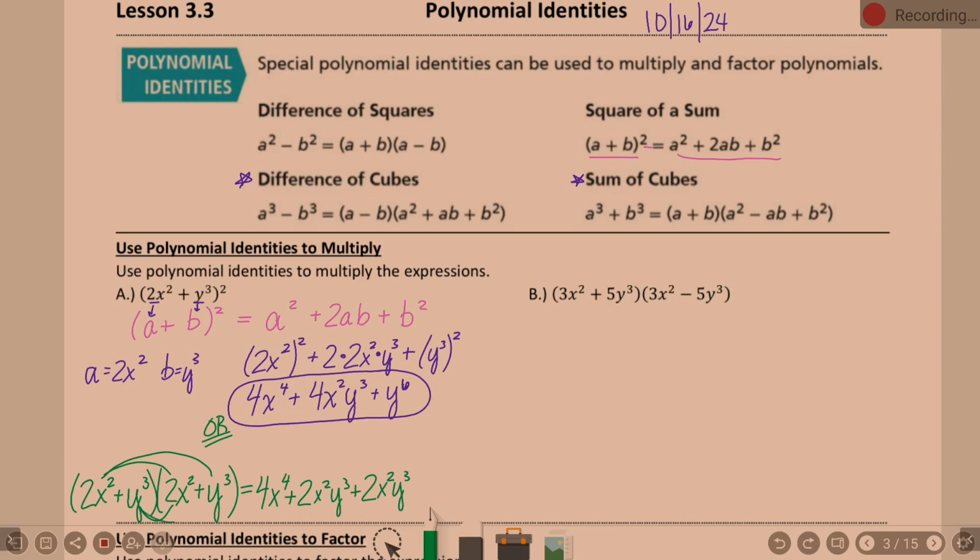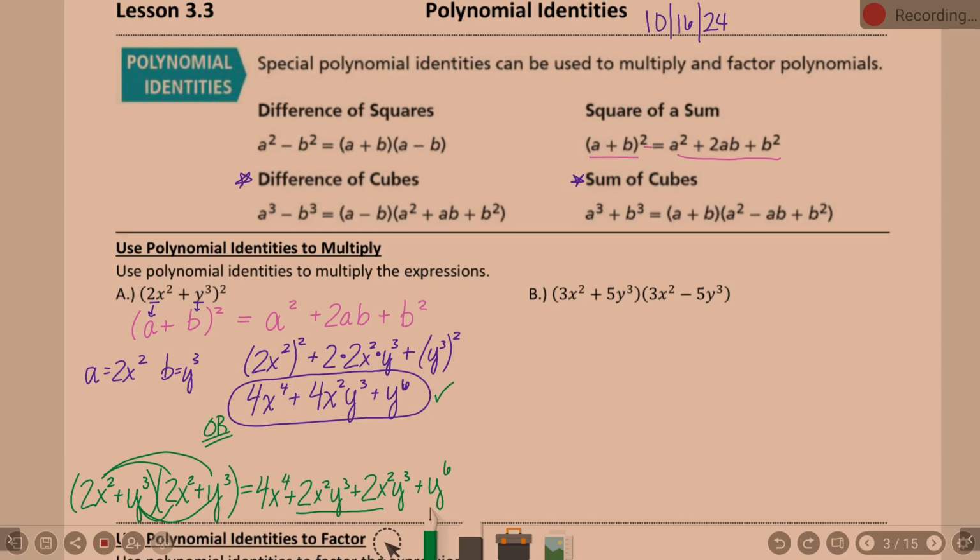And lastly, y cubed times y cubed, y to the 6th. Does that match up with what we have up above? Yes. Yeah. You add your middle terms, and then it matches up with up above.